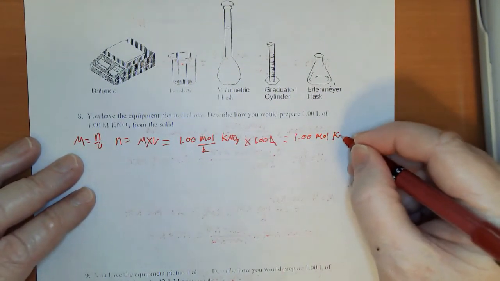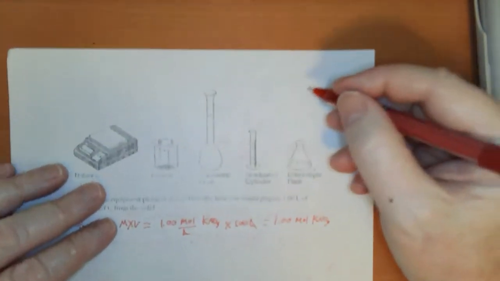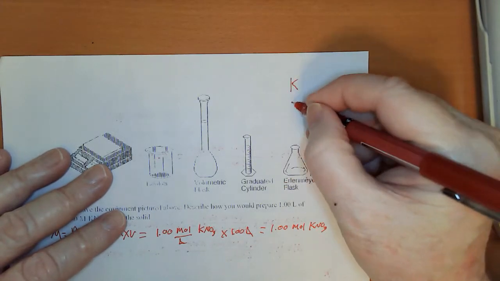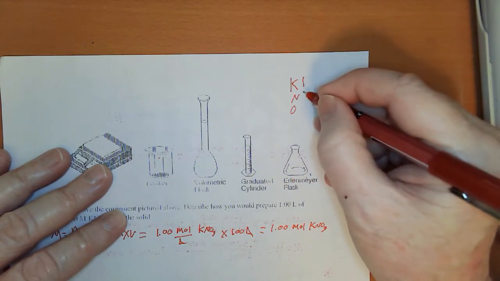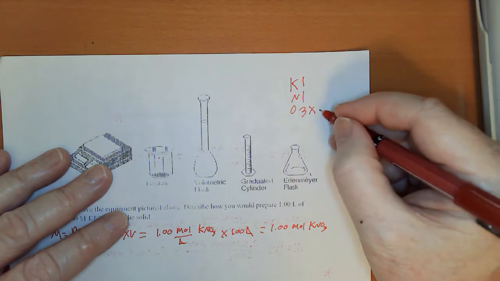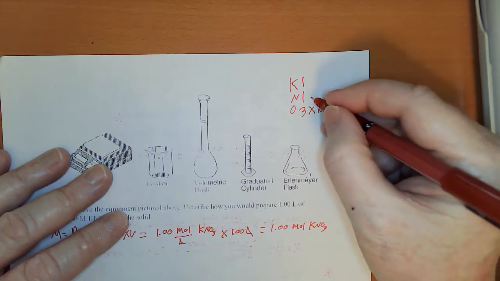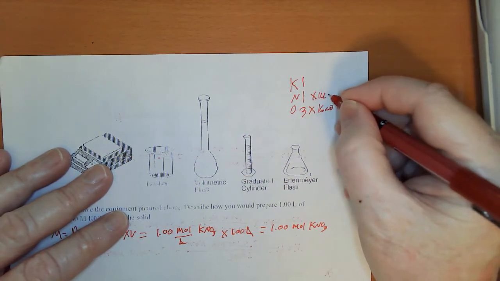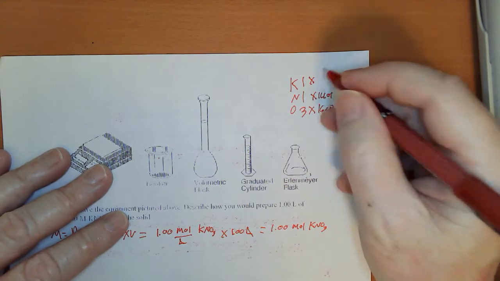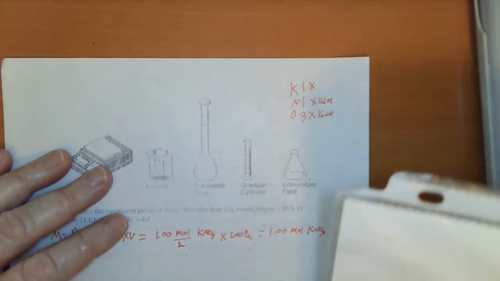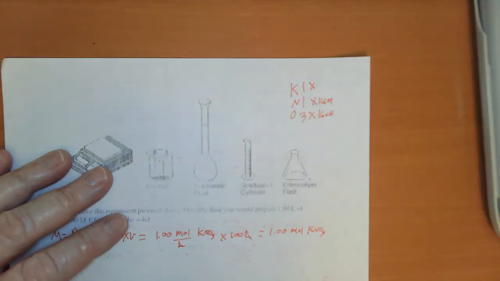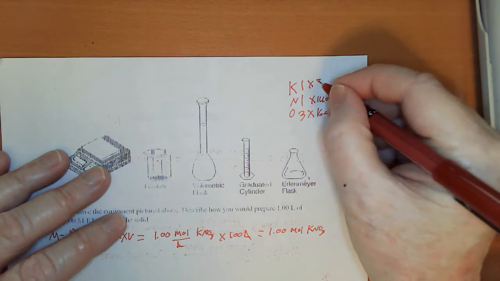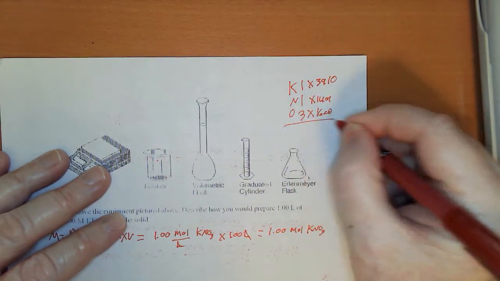Let me add up the molar mass for that. KNO3: 1, 1, and 3 times 16.00, times 14.01, and for potassium, I'm going to use 39.10. That's what's on my periodic table.